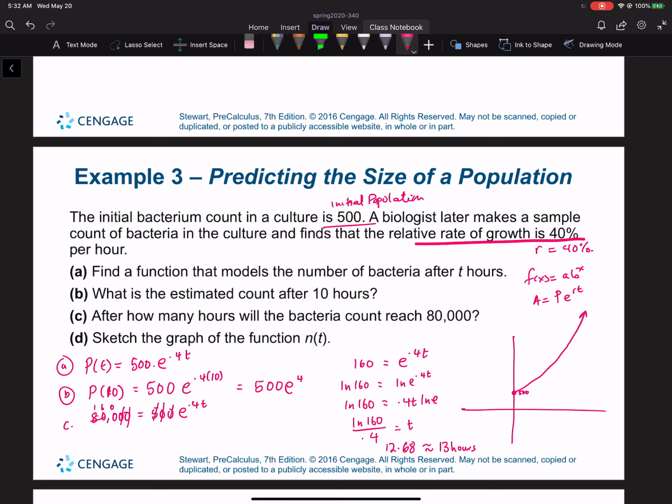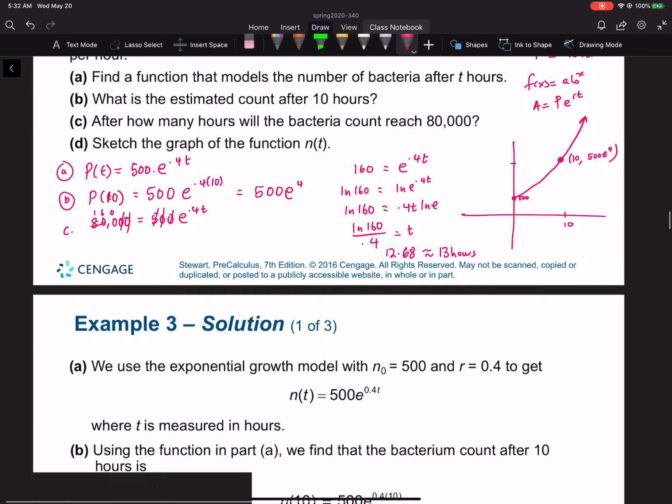And we know that at 10, we have the point 10, e to the 4. Okay. All right. So that's a quick example.